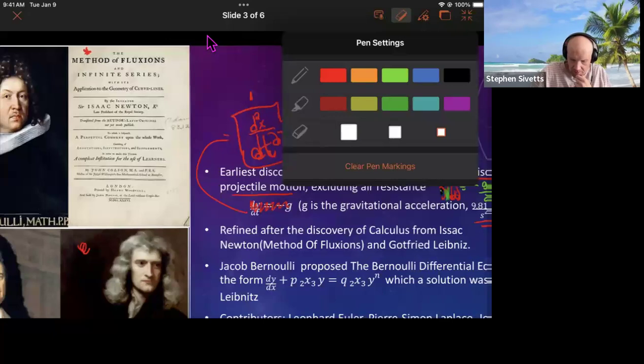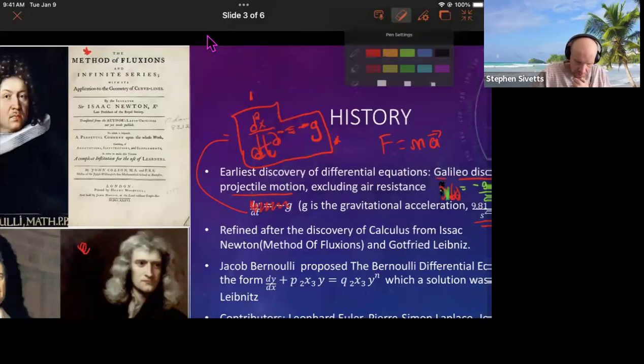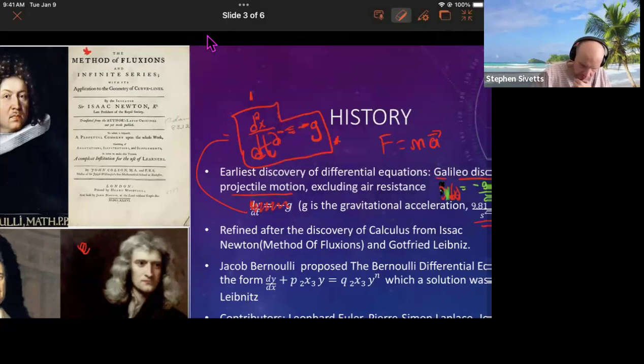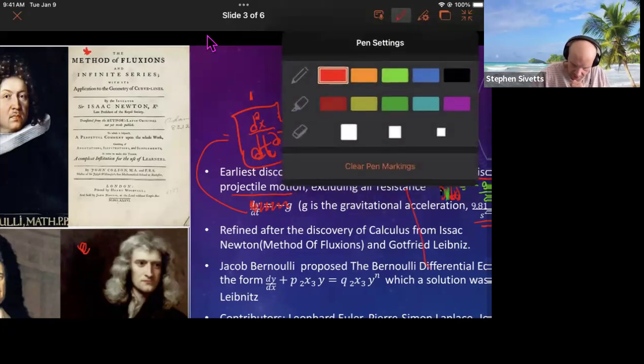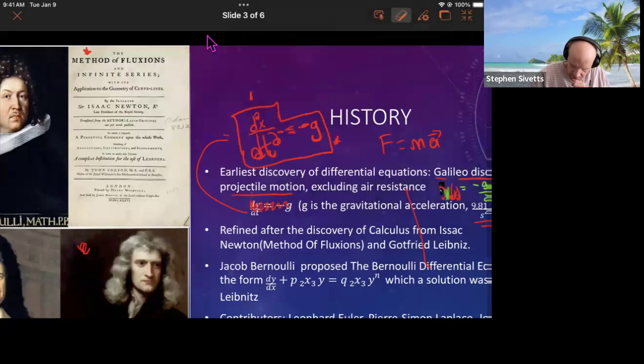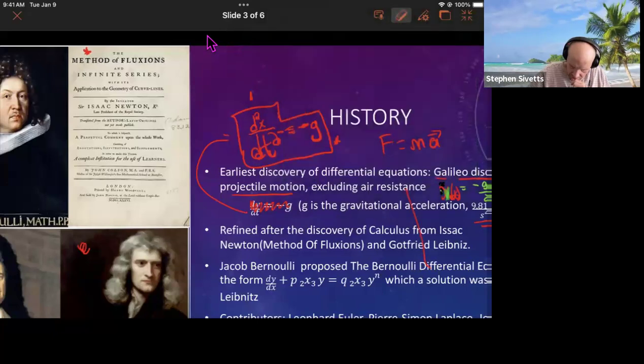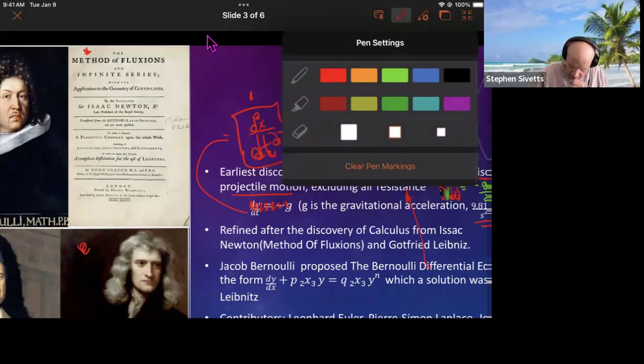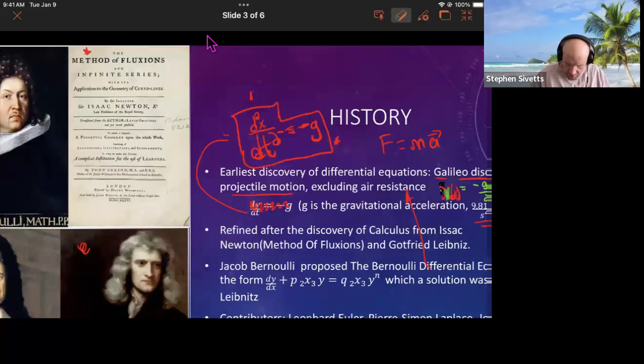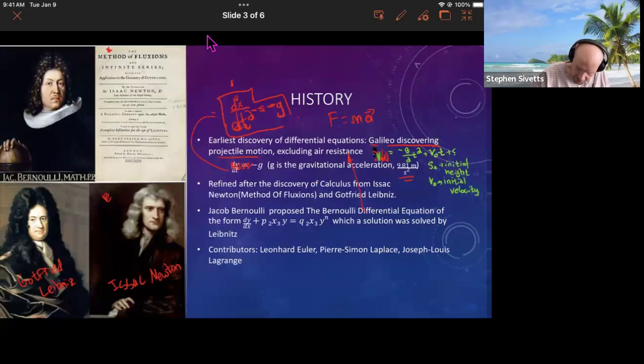And then it was later refined by Jacob Bernoulli, with his Bernoulli equations.